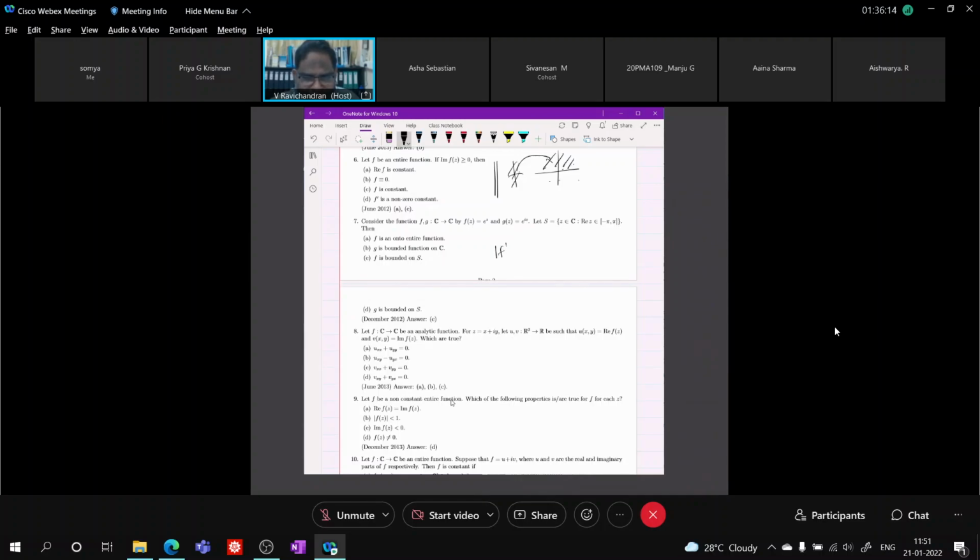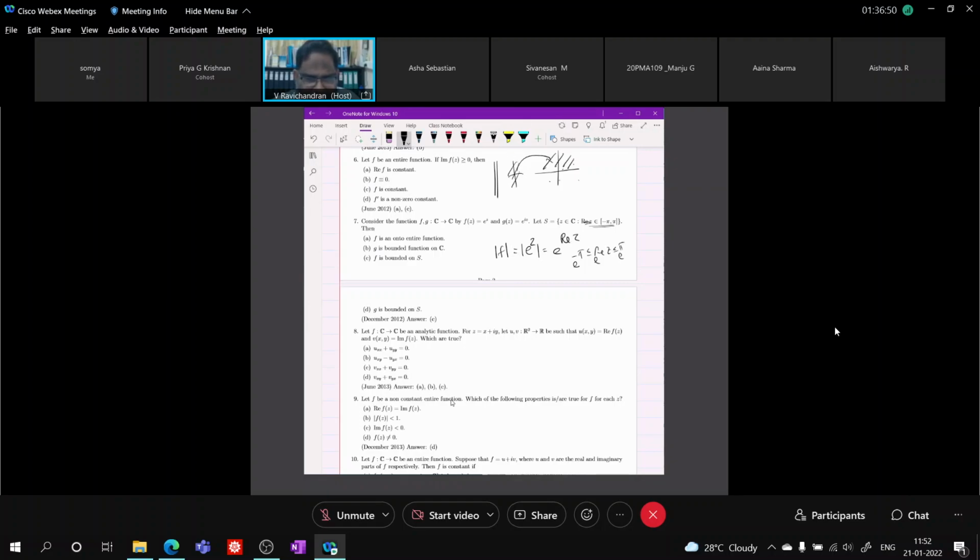These are all probably questions that come with only one option correct. If you think of this question, what we have to do is take the modulus of e power z. Probably you know that the modulus of e power z is e power the real part of z. So if the real part of z lies between minus pi and plus pi, then e power z also will lie between e power minus pi and e power pi.